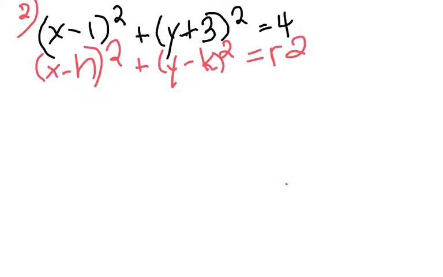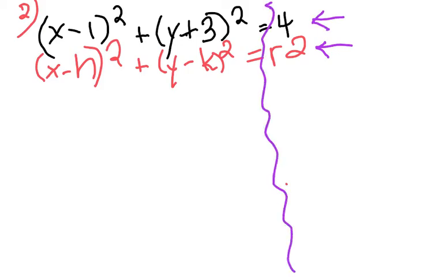So here we are back to the beginning with our standard form on the bottom and our equation on the right. Just like in algebra, we're going to draw the vertical line to separate the left side from the right side.